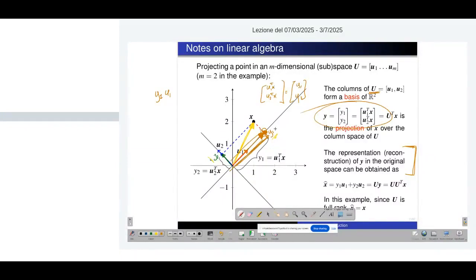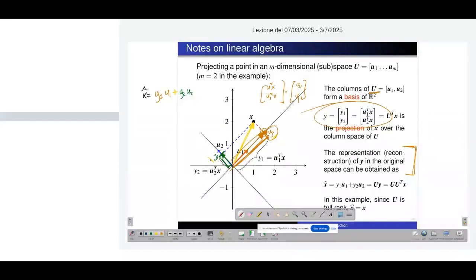The length of this segment is exactly the projection of x over this line, since u1 is a unit vector. And for the green vector, I do what? Well, I take u2 and I must scale it by the length of this vector. The length of this vector is exactly y2. And then I sum these together. This corresponds to x expressed in the original frame.